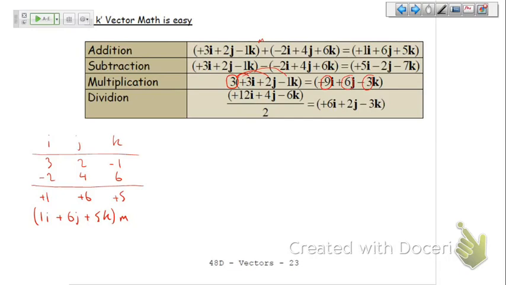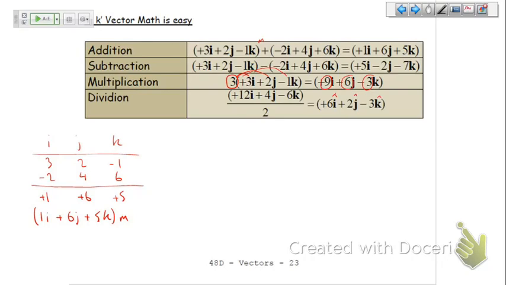They're doing too much in their head. They're not laying it out. And you want to divide, you divide every little bit by whatever you're dividing by. So that's going to be 12i over 2 is 6i, and 4j over 2 is 2j, and so on. Notice how I've already dropped my little hats, because life's like that. You tend to get comfortable and you leave things out.